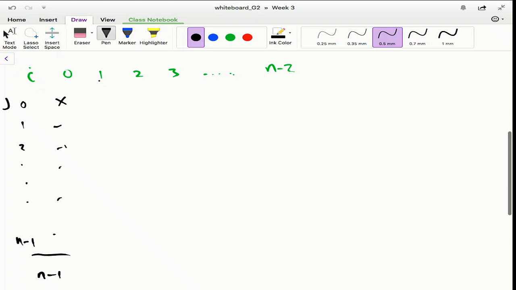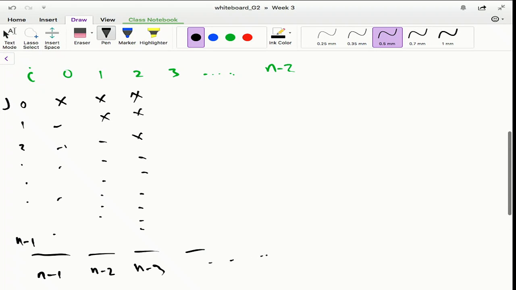Now when i equals to 1, we start from j equals to i plus 1, so that means we're going to start from 2 onwards. So the number of times we're going to go in is n minus 2. When i equals to 2, we're going to start from i plus 1, which is 3. So the number of times we're going to go in is n minus 3. And so on.